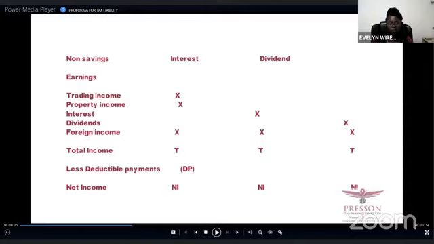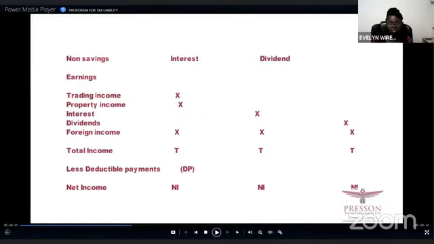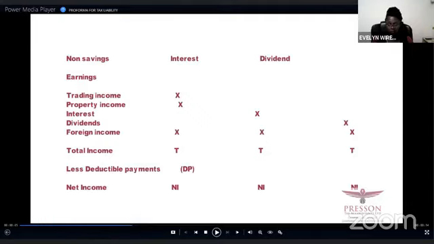You see that, for instance, in terms of the earnings, we have trading income, property income, interest, dividends, foreign income, and total income.